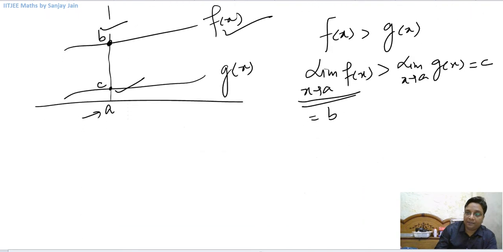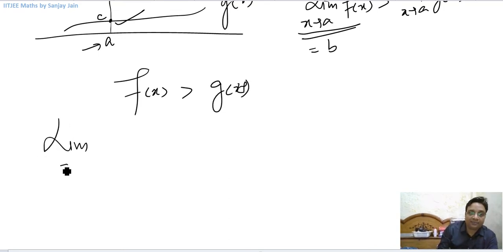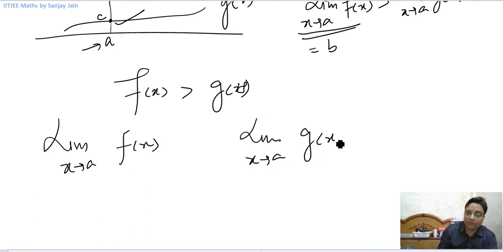What I mean to say here is that if a function f of x is greater than g of x, and I take limit x tends to a of f of x, limit x tends to a of g of x, right? Then if I say that this is greater than this limit, right, this would be a false statement.